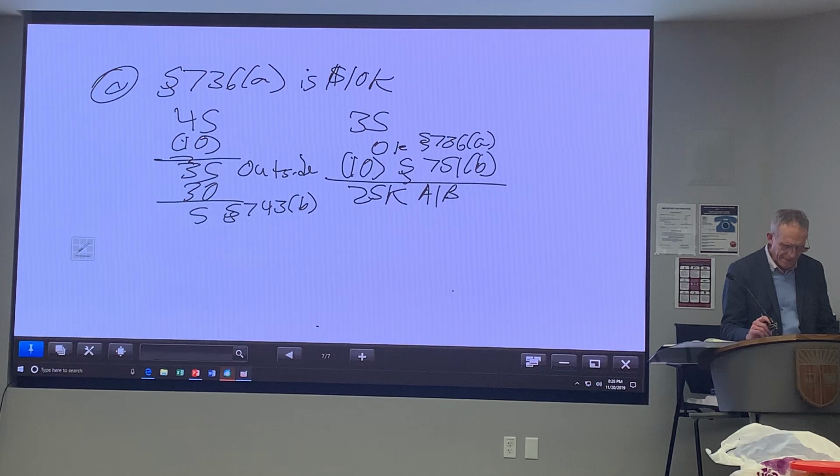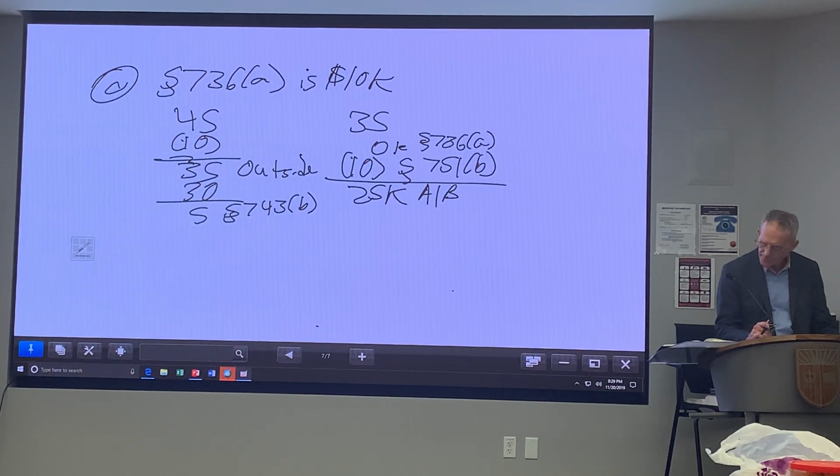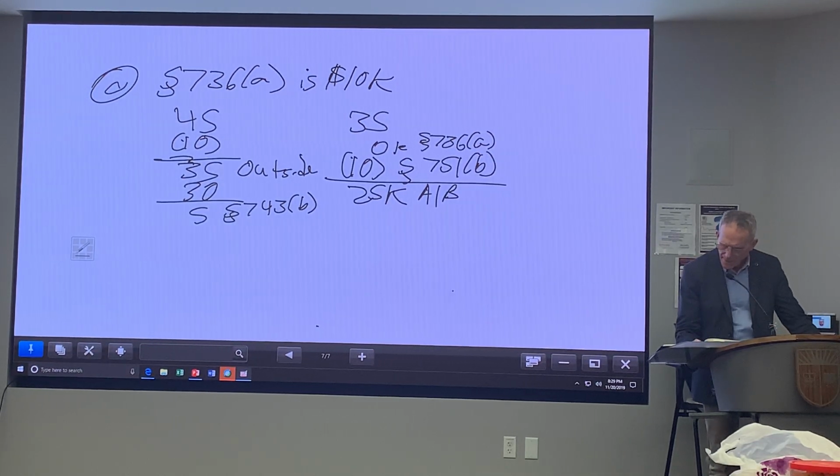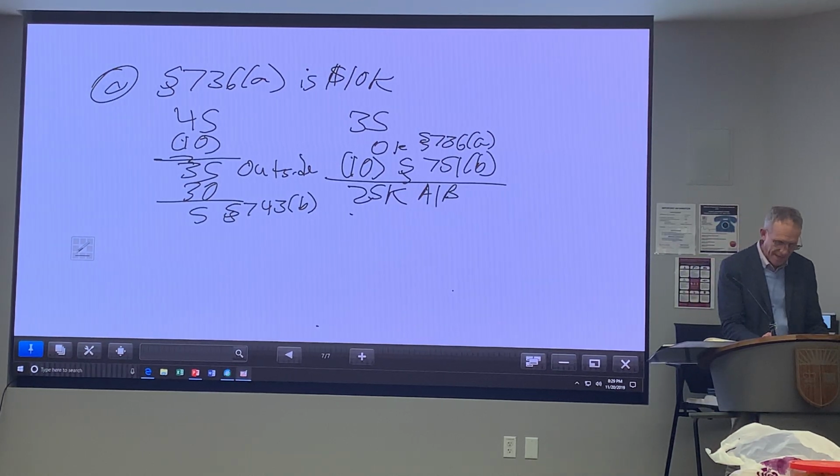He was going to get 45, but we took care of $10,000 vis-a-vis the 751B, and we took care of another $10,000 vis-a-vis the 736A payments. So he's going to get the resulting $25,000 of cash.